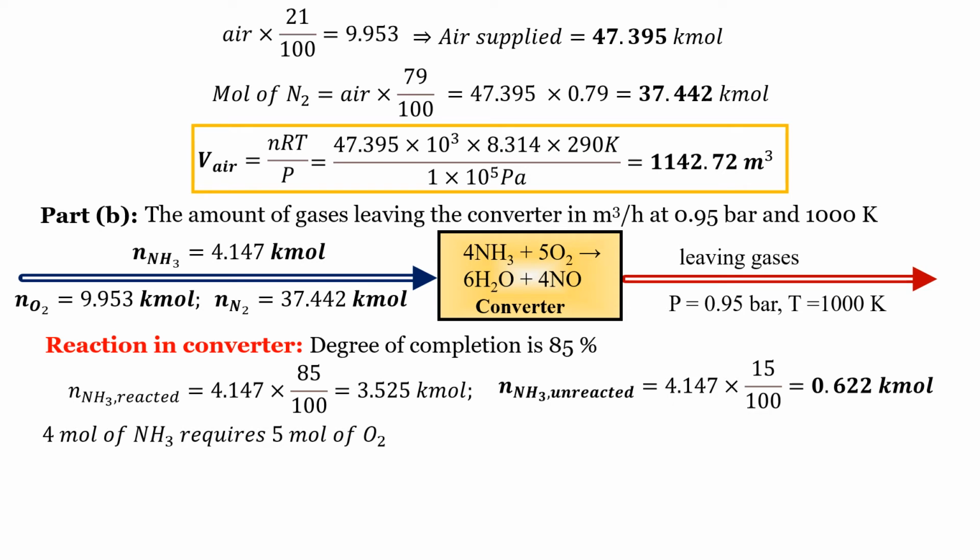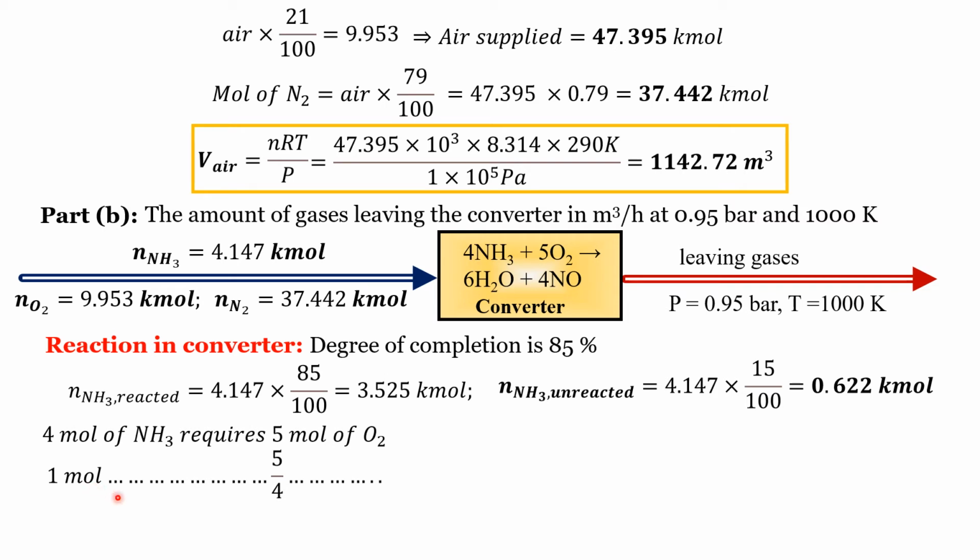Now from this reaction we can say that 4 moles of NH3 requires 5 moles of O2, and 3.52 kilomole of NH3 are reacting. So corresponding to these moles we can find out the amount of O2 required, or we can say reacted.